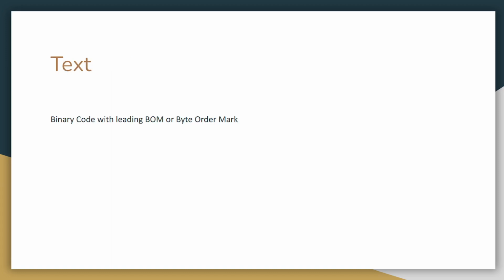To write text data, we will use the same binary data format, but we will also include the BOM, or byte order mark, to indicate whether it is UTF-8, UTF-16, UTF-32, or what the text encoding system is. So this one is for encoded text. If you have to write encoded text, then we have to use it with a BOM.